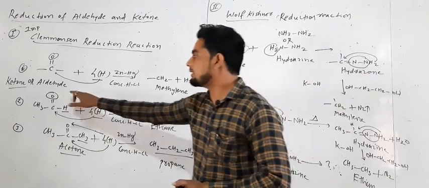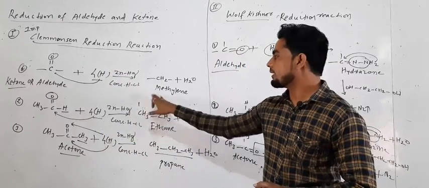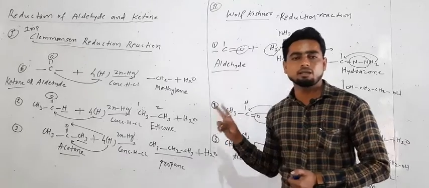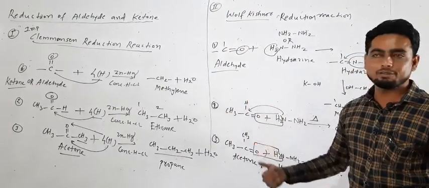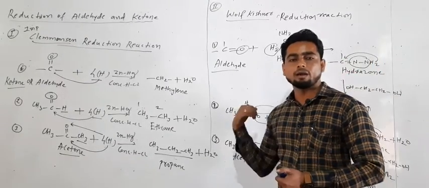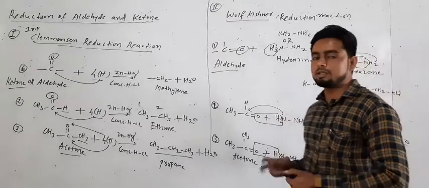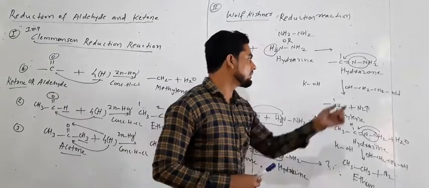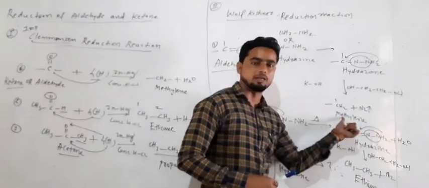In the Clemmensen reaction, aldehyde and ketone directly on addition of hydrogen give methylene or alkane, whereas the Wolff-Kishner reaction gives a two-step product. First, when the aldehyde and ketone react with hydrazine, we get a hydrazone in the first step. In the second step, the hydrazone rearranges with loss of N2 gas, nitrogen gas. Clear? And we get the methylene member of alkane.